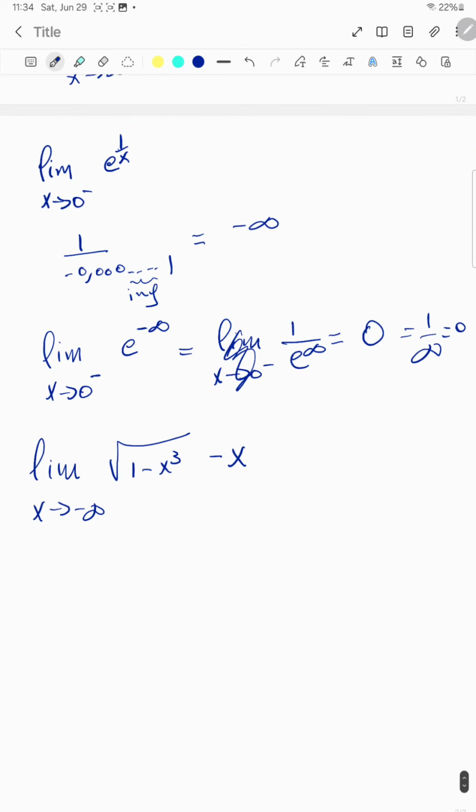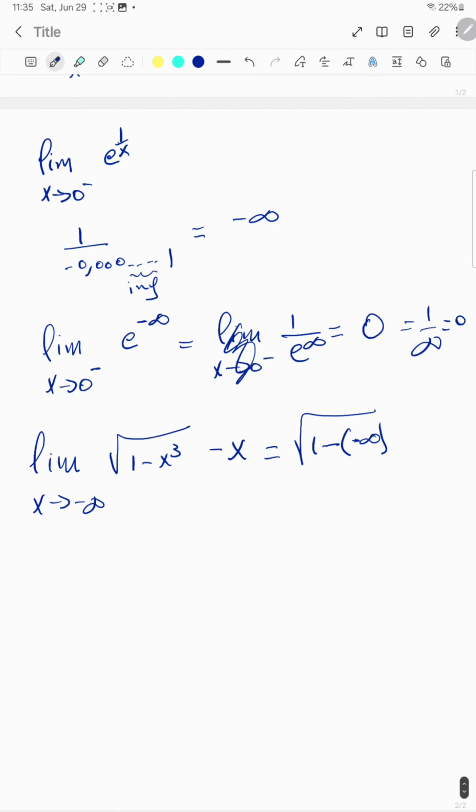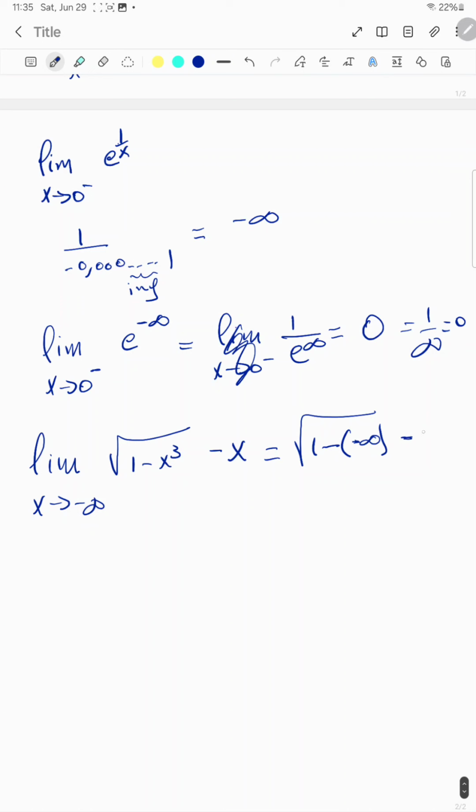As you see, those are very easy problems. All I have to do is replace x by minus infinity. So I would have the square root of 1 minus infinity, because to the power of 3 is an odd exponent, so it remains minus, and then minus minus infinity.